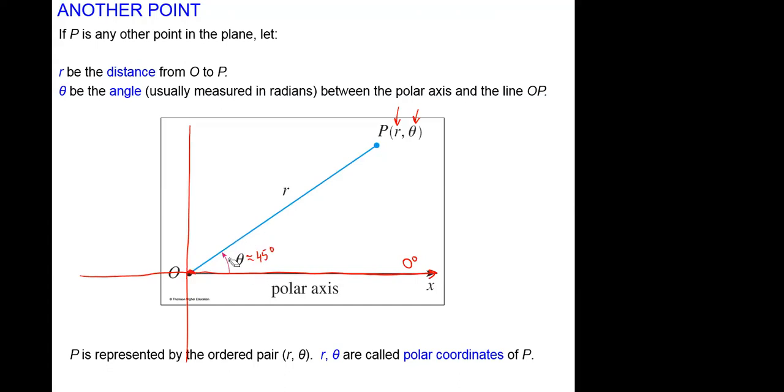That means this is 45, and if I keep going, this will represent 90, correct? Of course, we will use radians. That line will represent pi, 180. This angle will represent 270, and back to the full revolution, 2 pi.